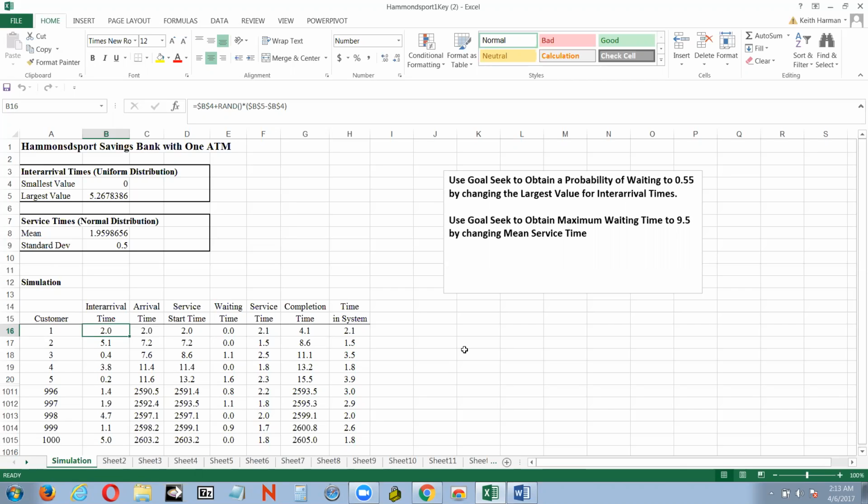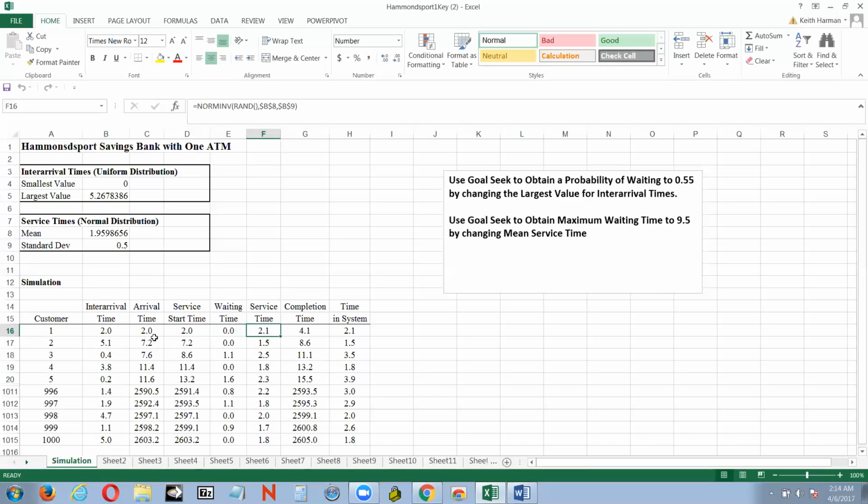You can see that here in this cell. I'm going to click here on cell B16, and this is the inter-arrival time. There was no customer there before, so the inter-arrival time is 2.0. The person arrived at 2.0. Their service start time was immediate, since there was no one in front of them, and they got served. They didn't have to wait.